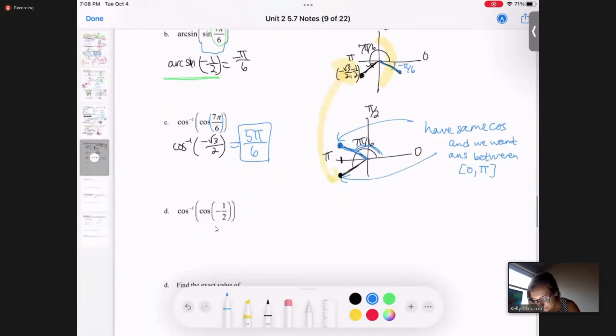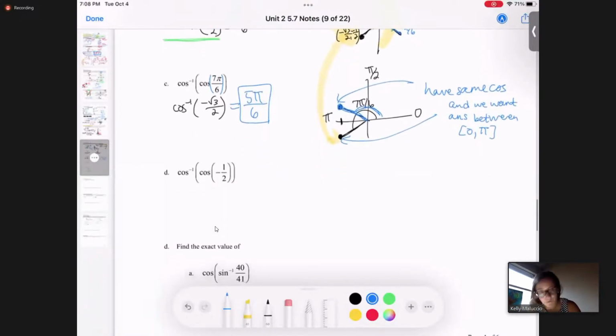Okay, now let's see if this one's any different here. Okay, so cosine of -1/2. Oh, so at first I thought it should be arc cosine, but no, what's happening here, this is going to be basically a calculator problem, but what's happening is that this is an angle in radians.